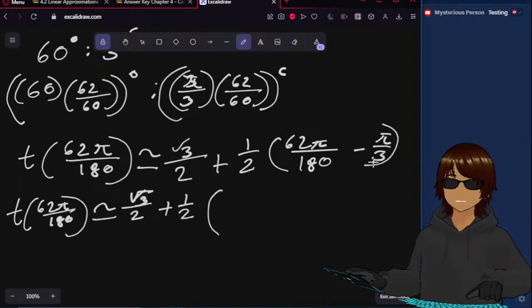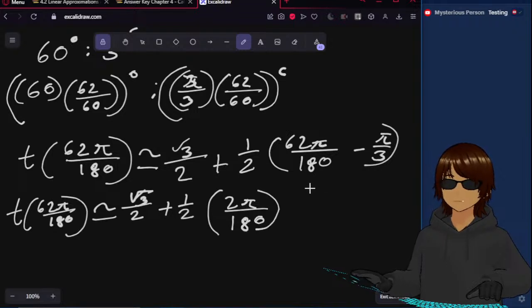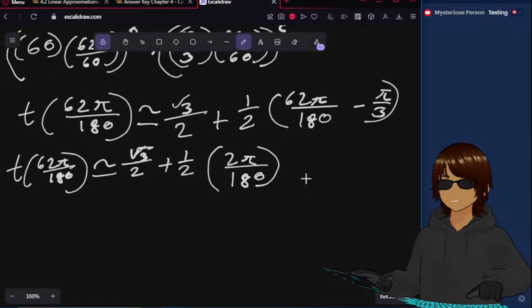So there, I multiply this by 60, then I get 2 pi over 180, and then pi over 180.